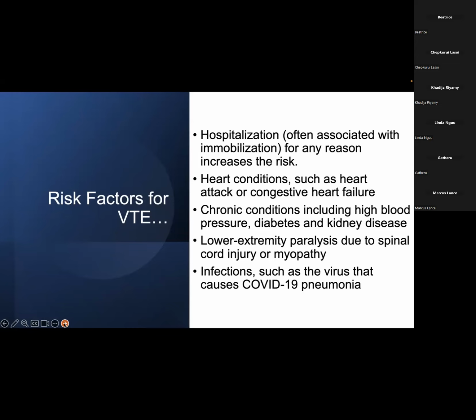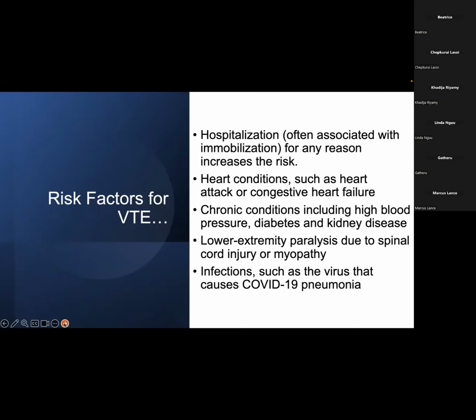Chronic conditions, including high blood pressure, diabetes, and kidney disease, also predispose to VTE. Lower extremity paralysis due to spinal cord injury or myopathies have also been noted to increase the risk of VTE.